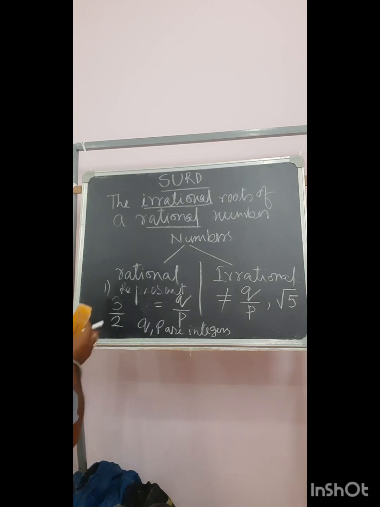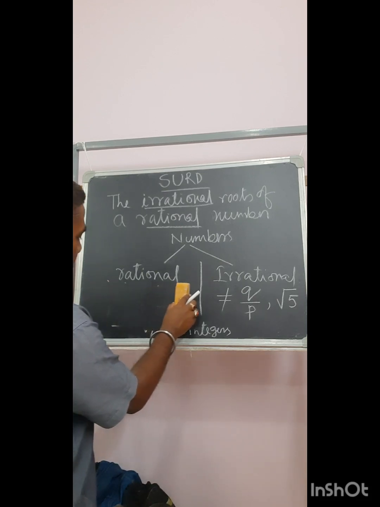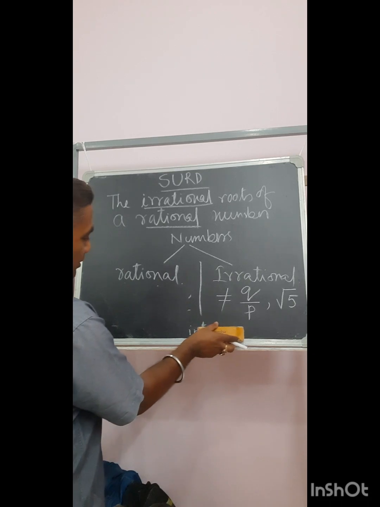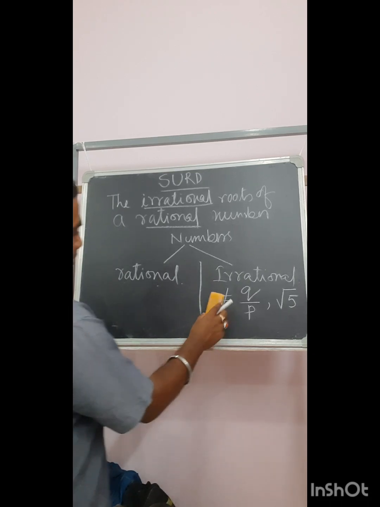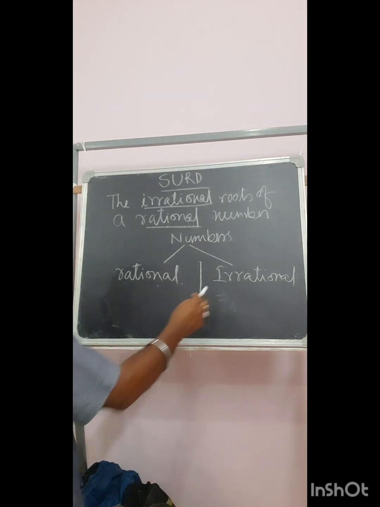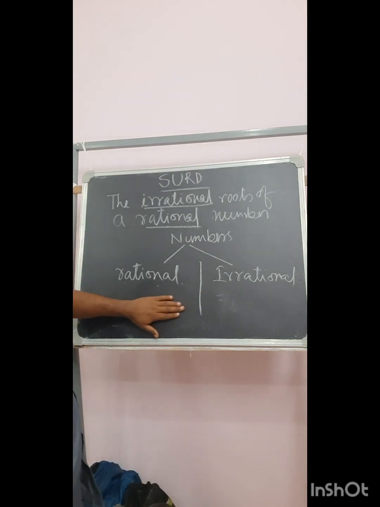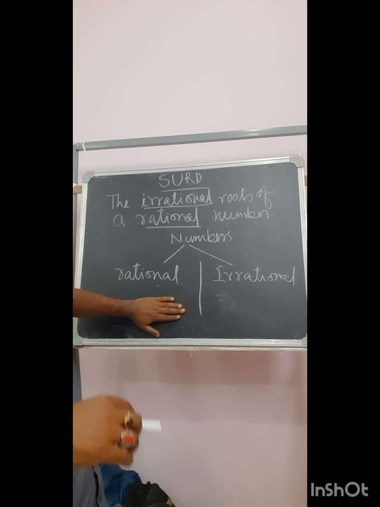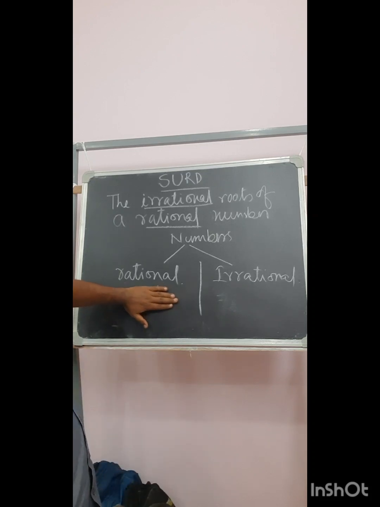So the first part is that if it cannot be represented as a ratio of two integers, it is irrational. If it can be represented in the form of a ratio of two integers, then it is a rational number.